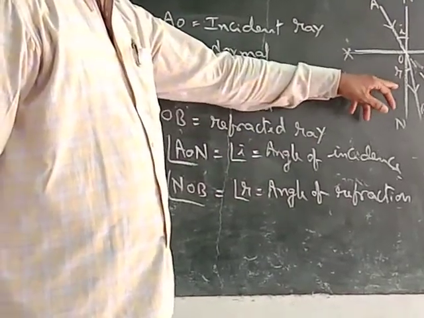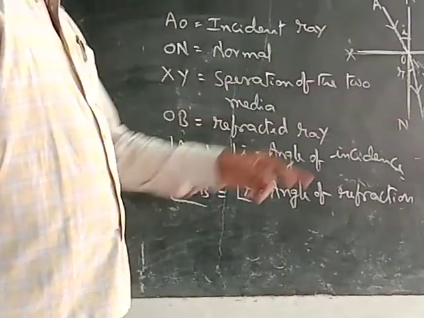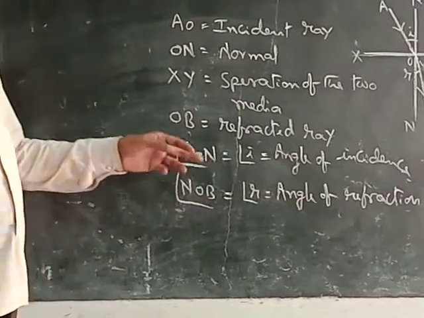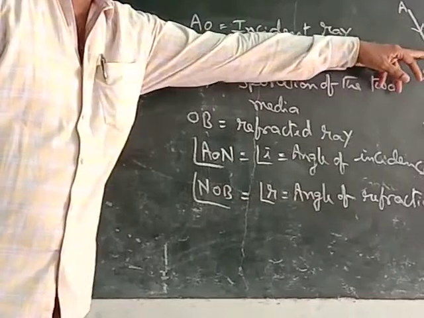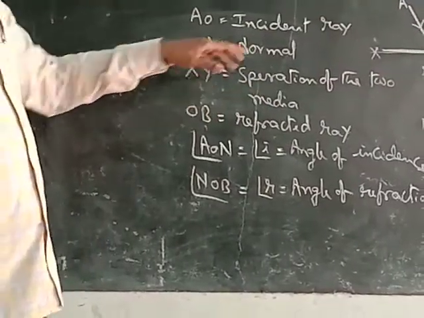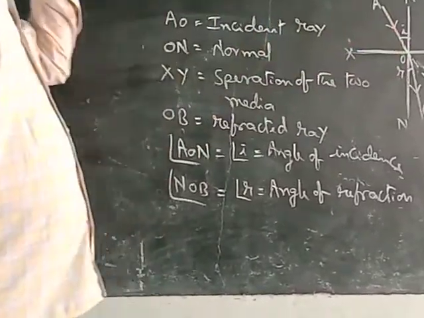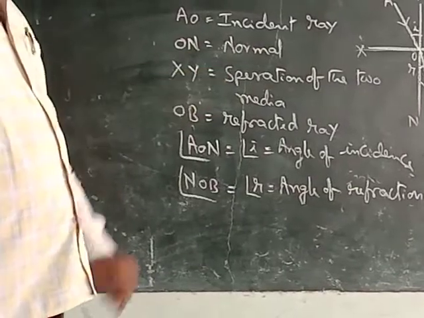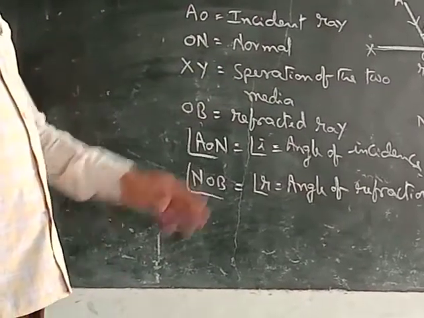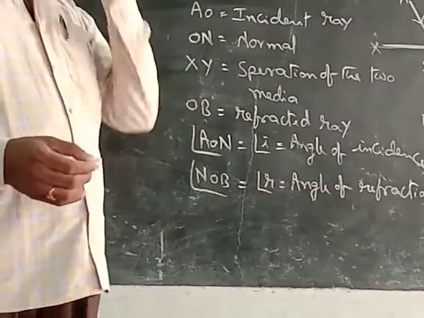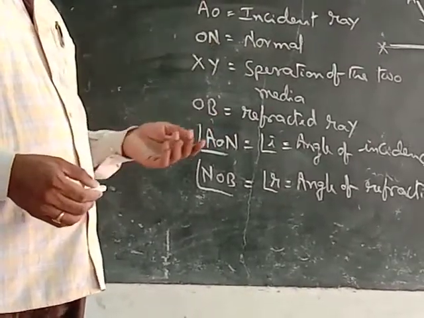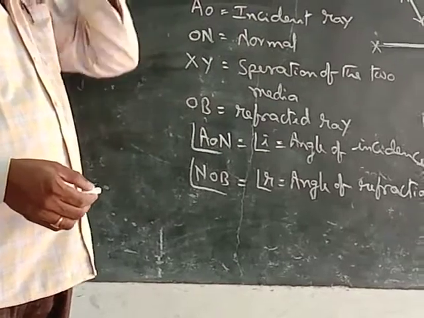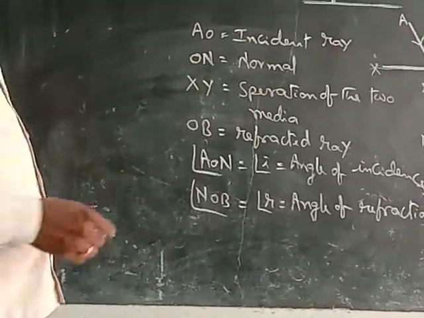The angle between the normal and the refracted ray is called the angle of refraction, denoted by the letter R. Here AO is the incident ray, ON is the normal, XY is the separation of the two media, and OB is the refracted ray. Why does it bend from the original direction? The velocity of the light rays changes when entering into different density media. That is the main reason for this refraction.